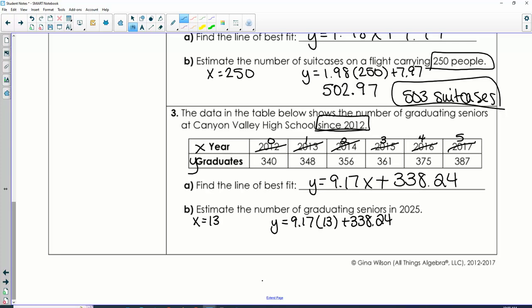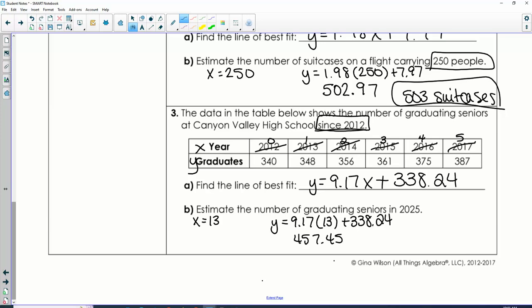Type all of that in on our calculator at once. And I get 457.45. Now what does that number represent? Graduates. Okay, in your senior class, can you have a 0.45 graduating?